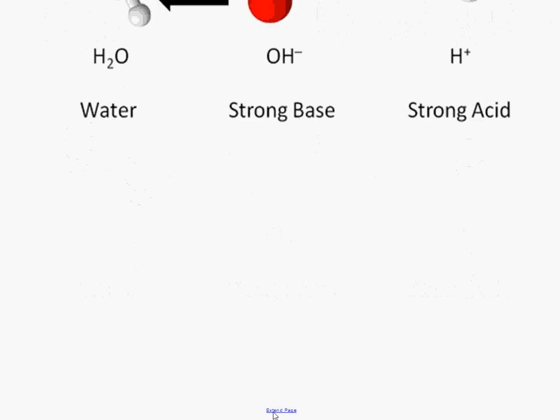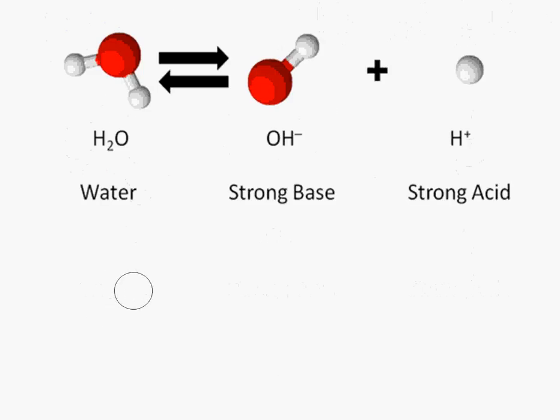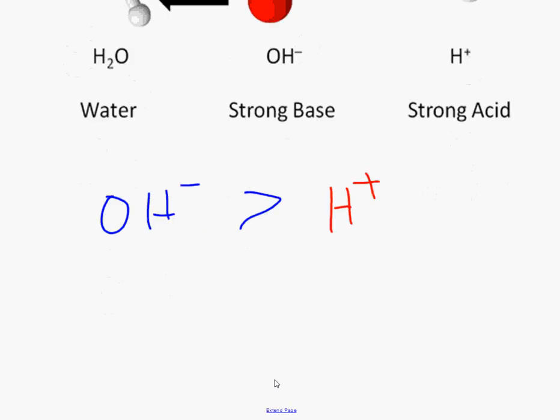Anytime you have one that is more than the other, you have either an acid or a base. So if the hydroxide is higher in solution than the hydrogen, this is called a base.